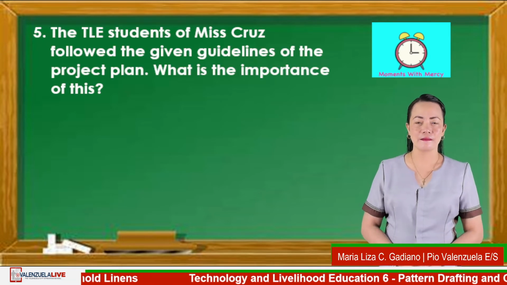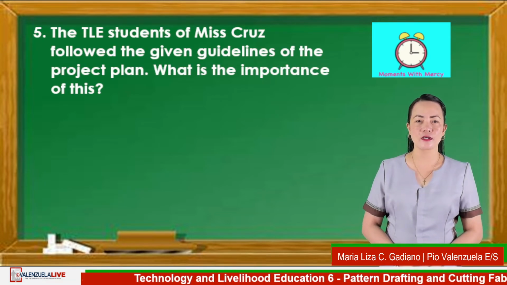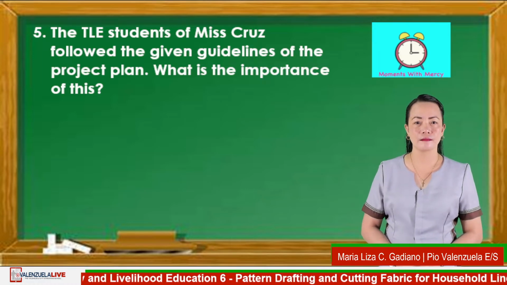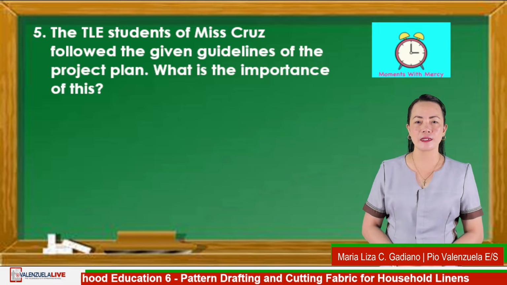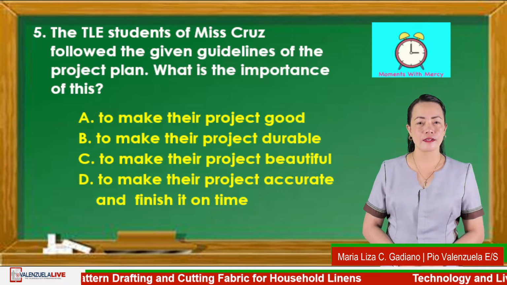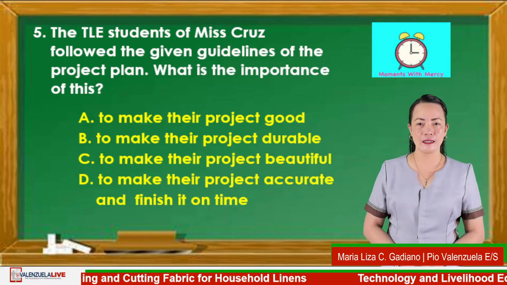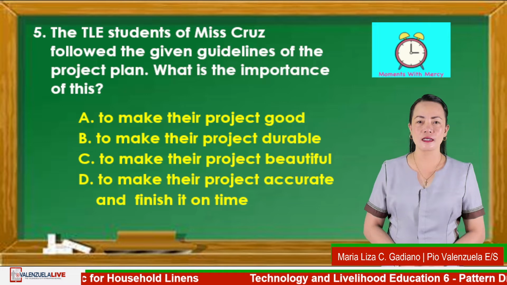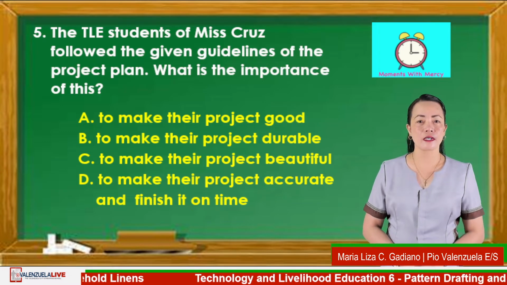Number 5. The TLE students of Miss Cruz follow the given guidelines of the project plan. What is the importance of this? A, to make their project good. B, to make their project durable. C, to make their project beautiful.